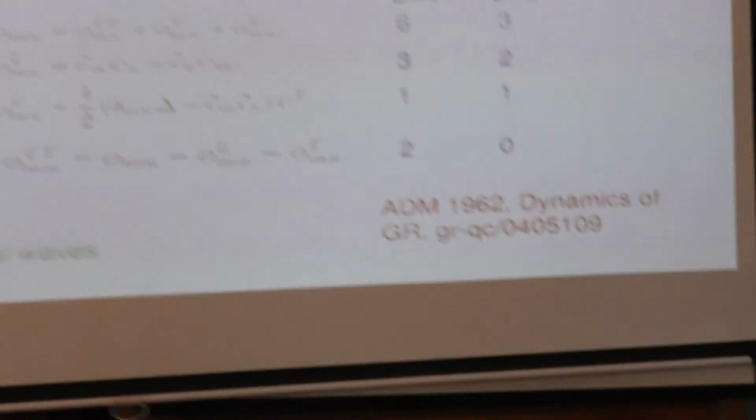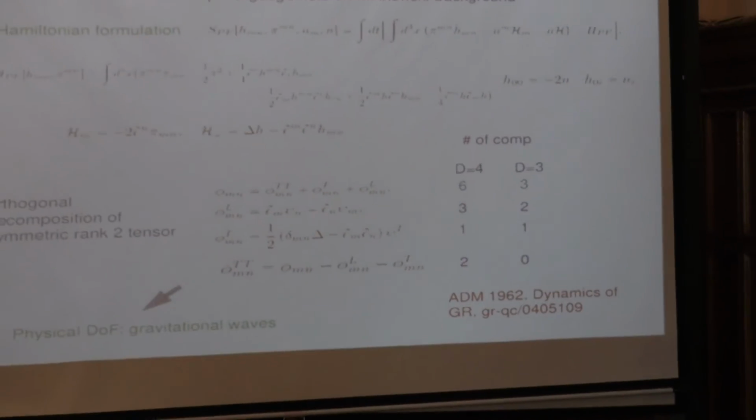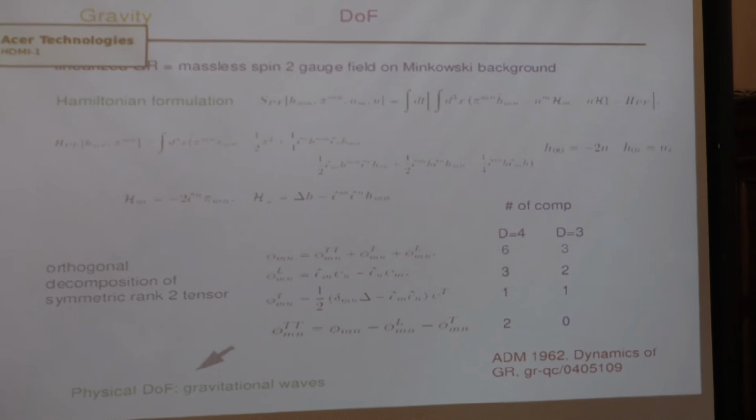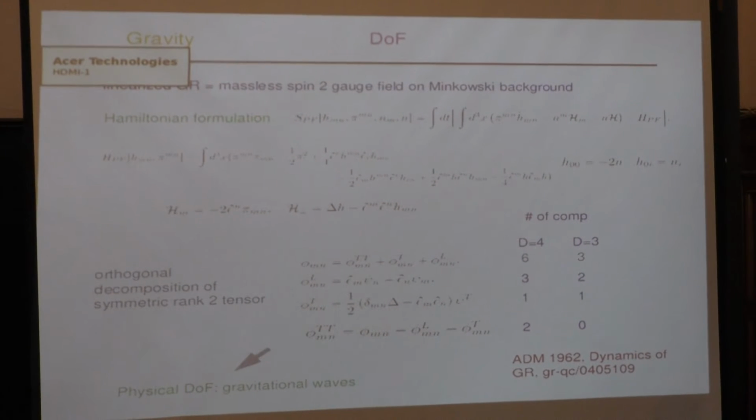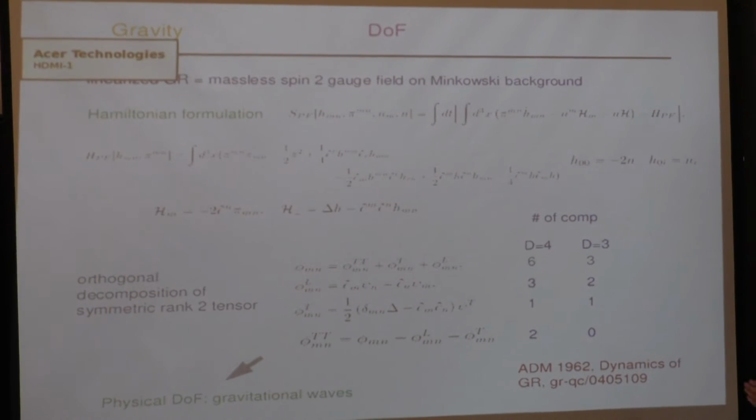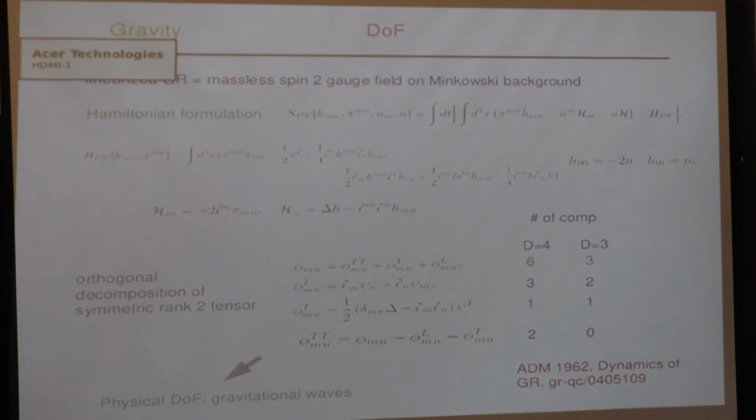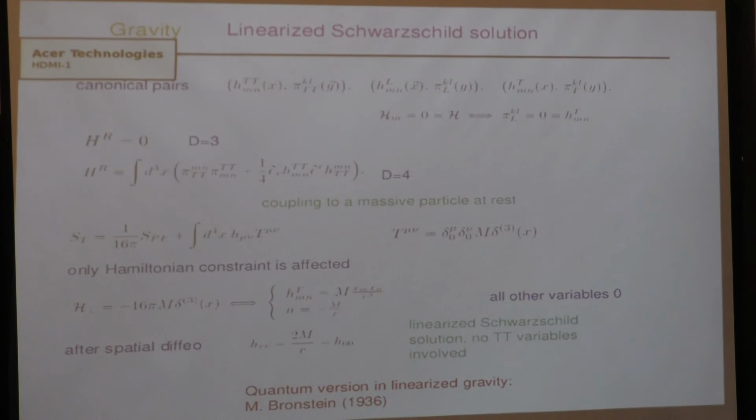Good. And for linearized gravity, of course, nothing changes. In linearized gravity, the analog of the electromagnetic Hamiltonian is the Pauli-Fierz Hamiltonian. This only depends on the transverse traceless fields. But then, you do the degrees of freedom in the Hamiltonian way. Either you look at this ADM paper, and you find that this is the physical Hamiltonian, at least naively, you only see the gravitational wave contribution.